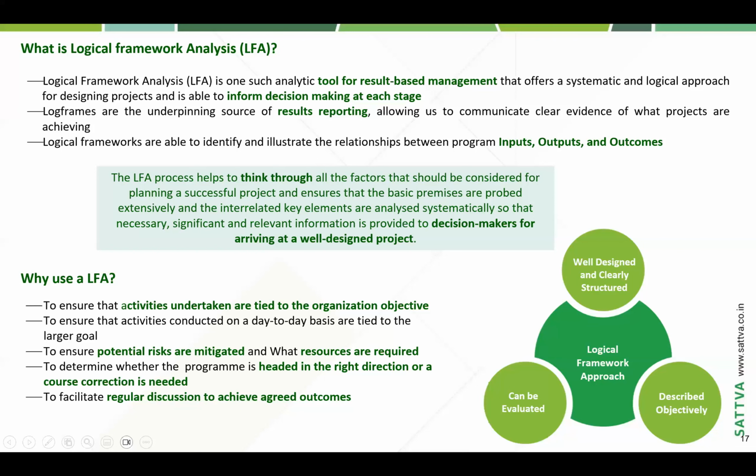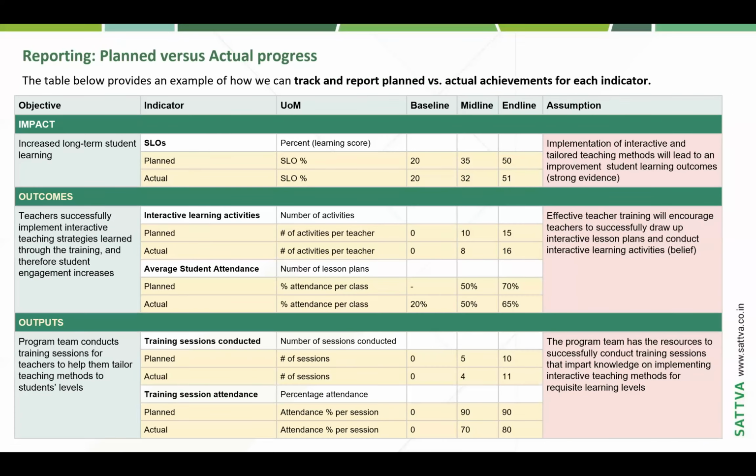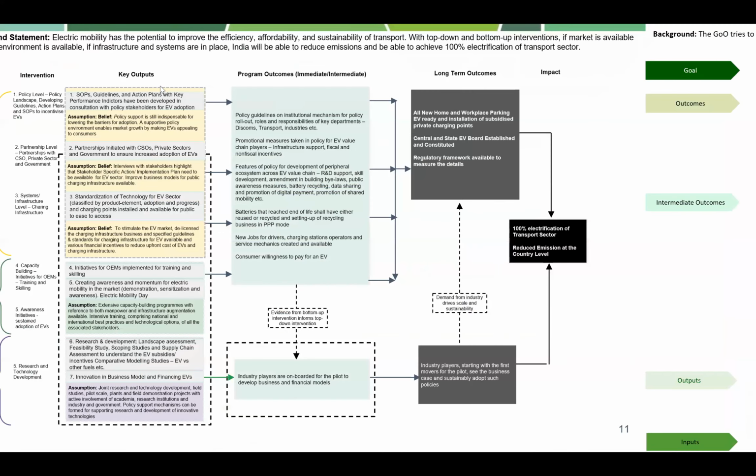Okay. So now, you remember in the ToC part, I came up with impact, long-term outcome, program outcome, key output, and intervention, like input, output, intermediate outcome, long-term outcome, and goal.